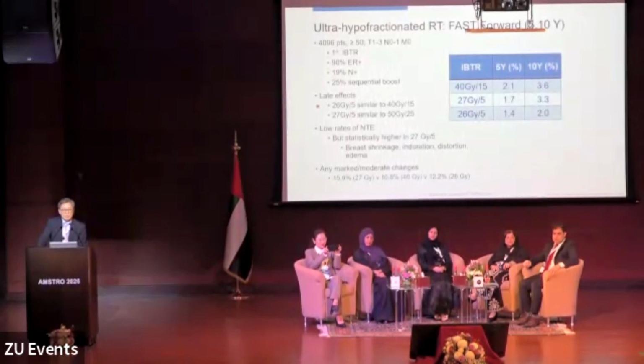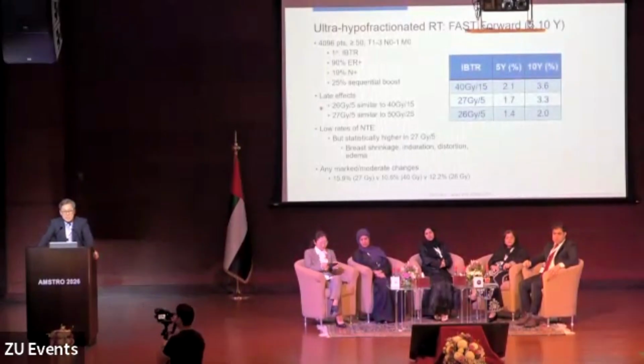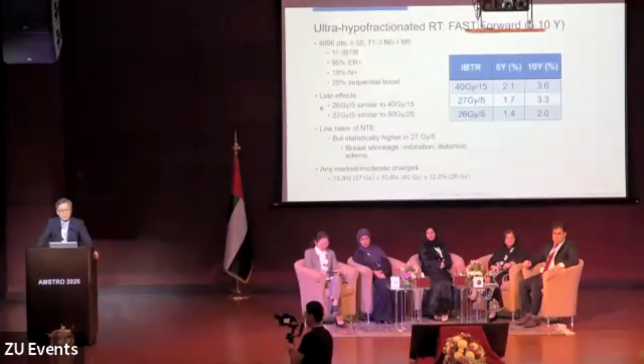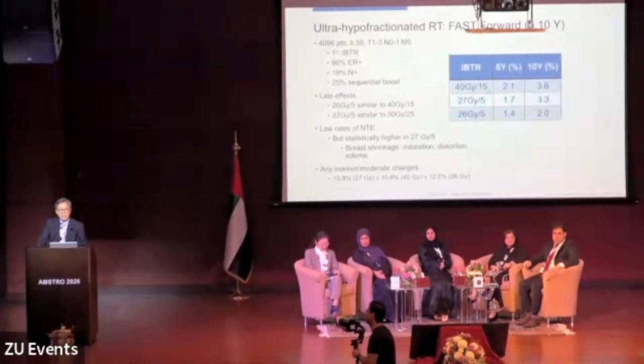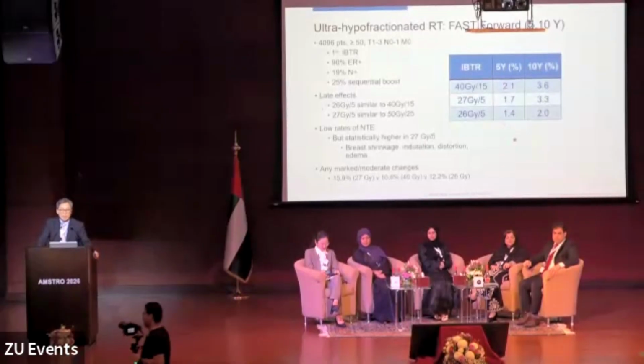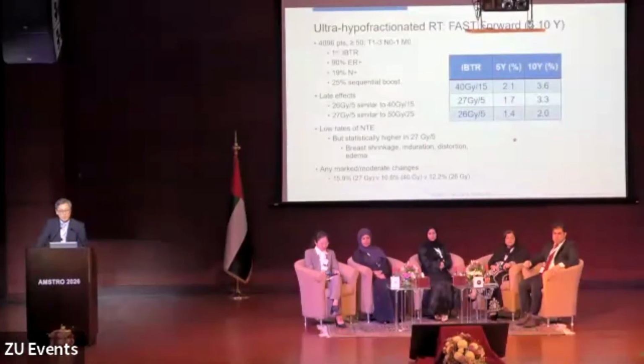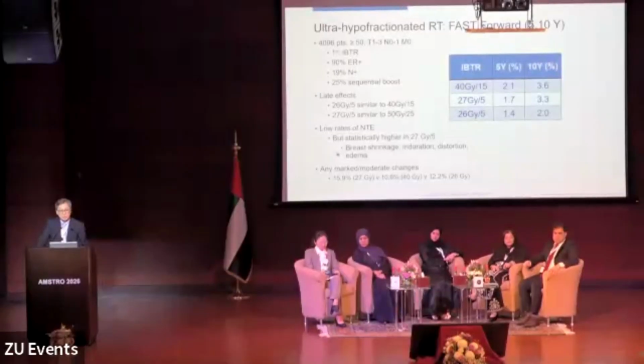From this study, they deduced that the 26 in 5 is similar to 40 gray in 15, and 27 in 5 is similar to 50 gray in 25. Again, you see no difference in the primary outcomes at 5 and 10 years. However, the normal tissue events were higher at 27 gray in 5 fractions in regards to breast shrinkage, induration, and distortion.